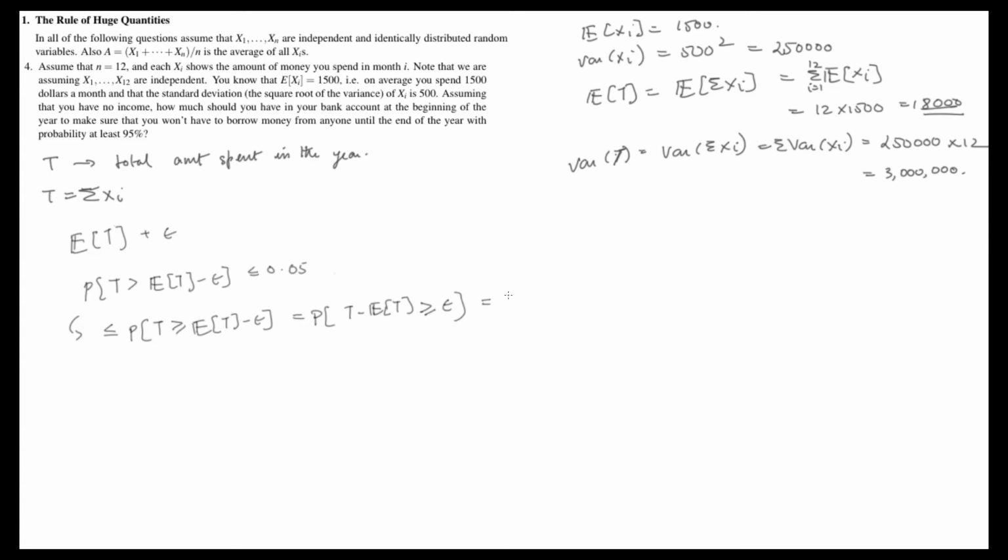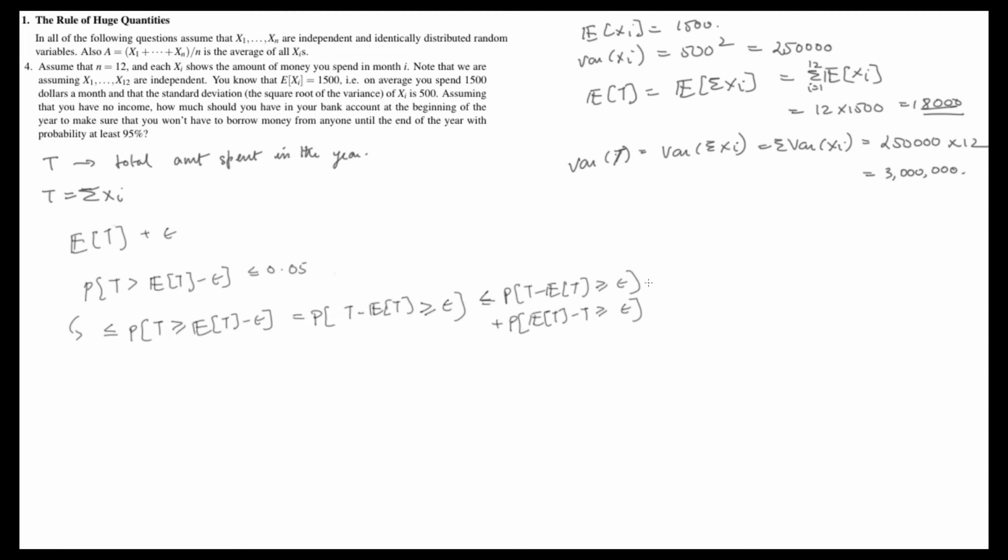But now let's introduce an absolute value sign. This is less than or equal to the probability of t minus expectation of t greater than or equal to epsilon, plus the probability of expectation of t minus t greater than or equal to epsilon. Because a probability is always a non-negative quantity, adding something is always going to make this larger or the same value. So now look what I've done. I've added the event that t deviates from below the mean by epsilon.